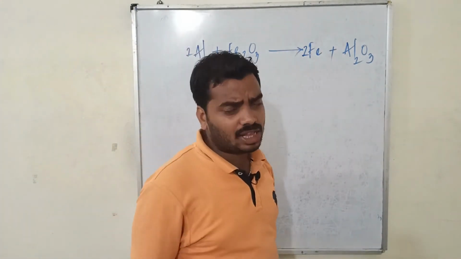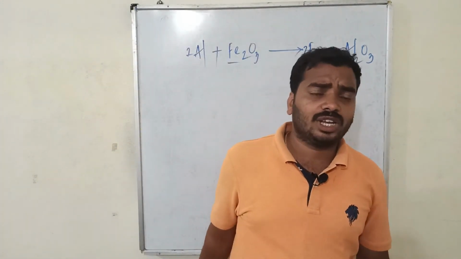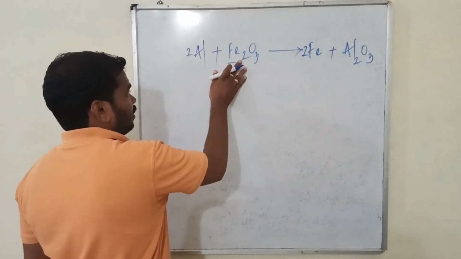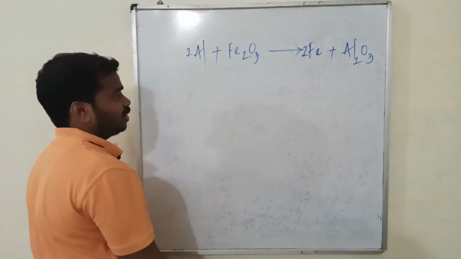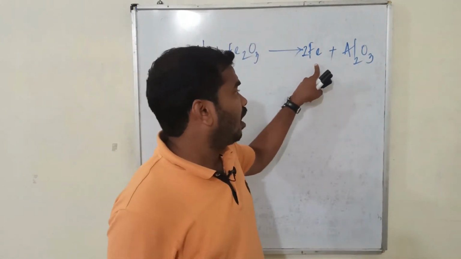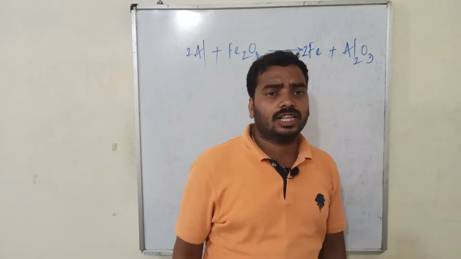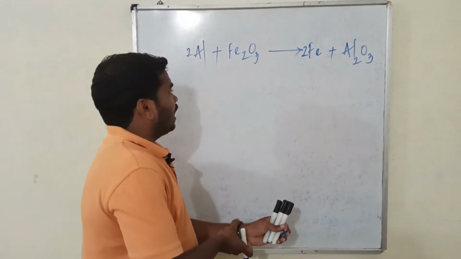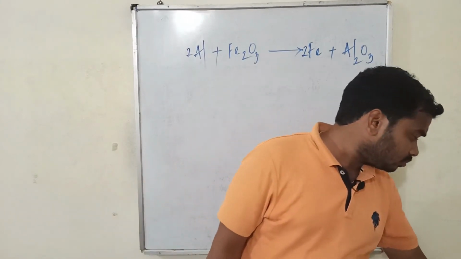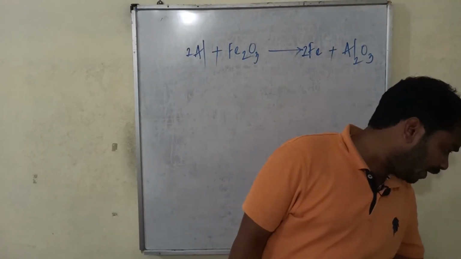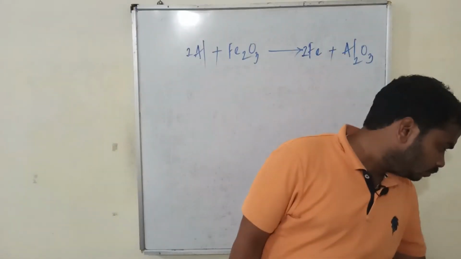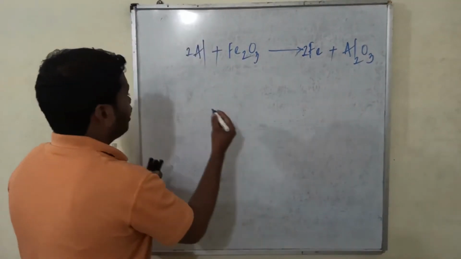It's a very important thermite equation, where the iron ore, the hematite ore, reacts with aluminium producing iron and aluminium oxide. This is the reaction we have got. And now the question goes like this: how much aluminium is required?